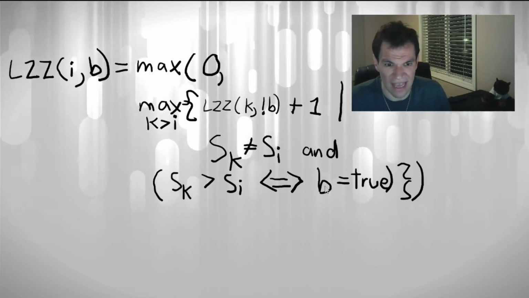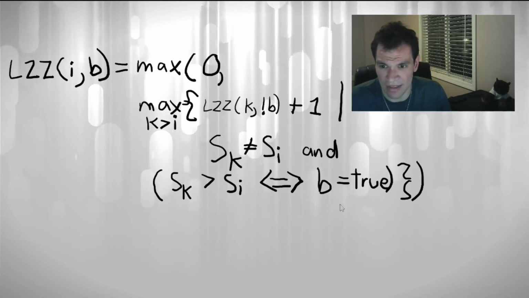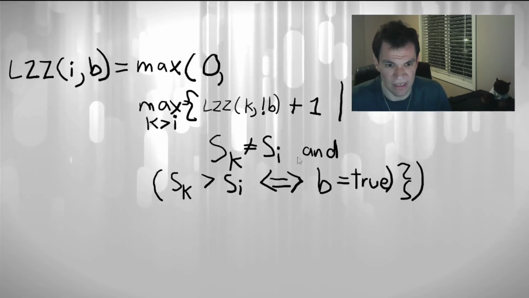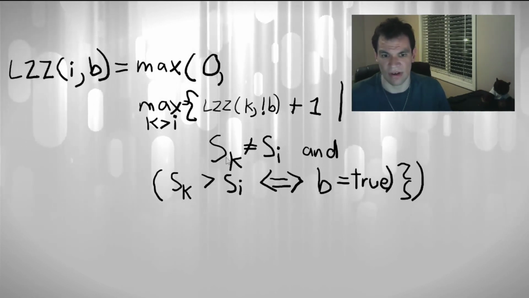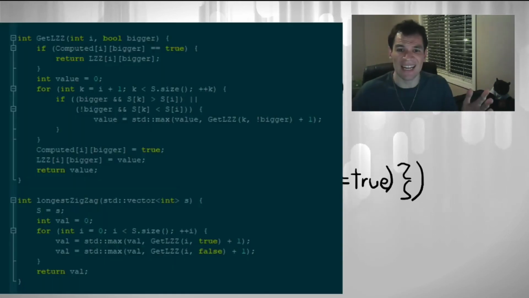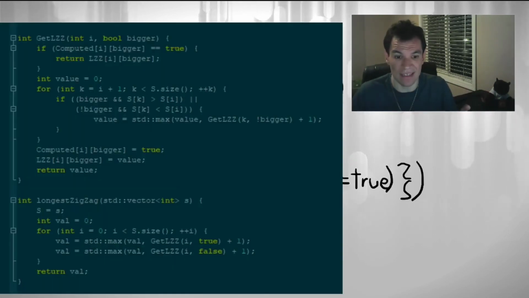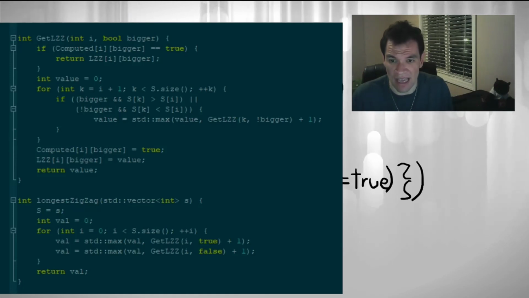And this is an abbreviated way of expressing the restriction of Zig-Zag. Finally, this is an implementation of the solution that I have just explained.